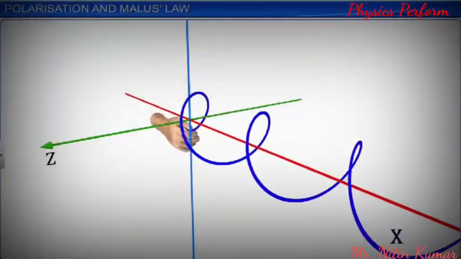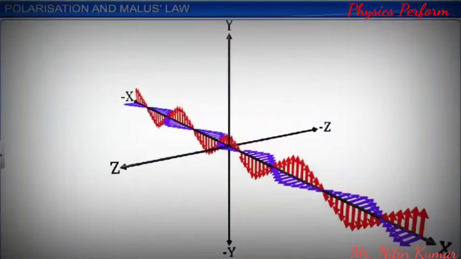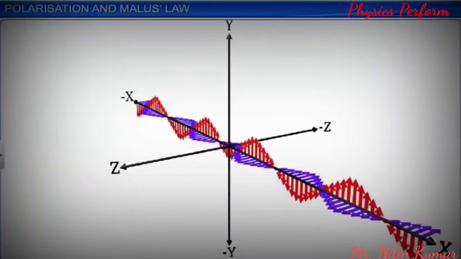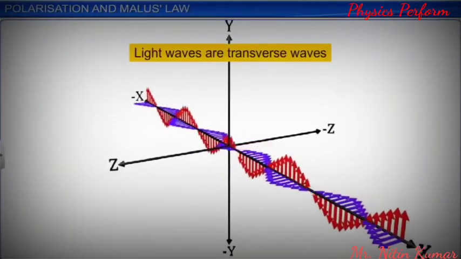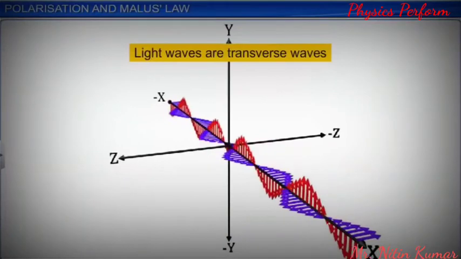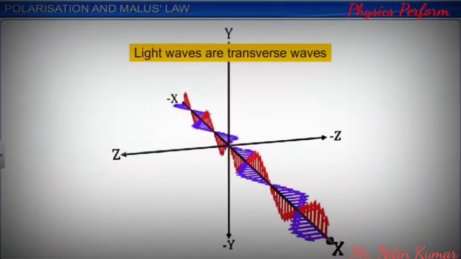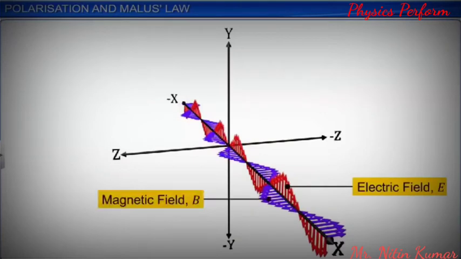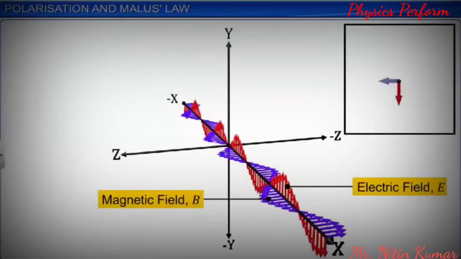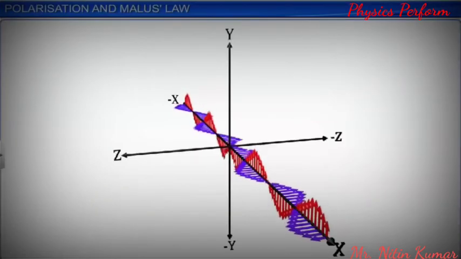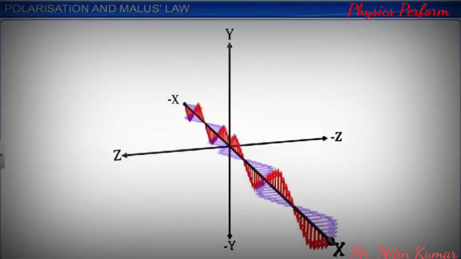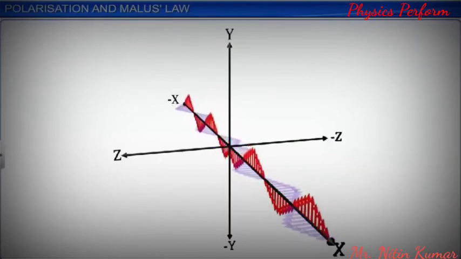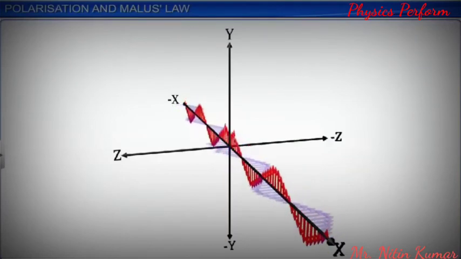Now let us study about light waves. Light waves, which are electromagnetic waves, are transverse waves, with the electric and the magnetic fields oscillating perpendicular to each other and to the direction of propagation. In the case of light waves, the direction of the electric field E is the direction of the polarization of the wave.